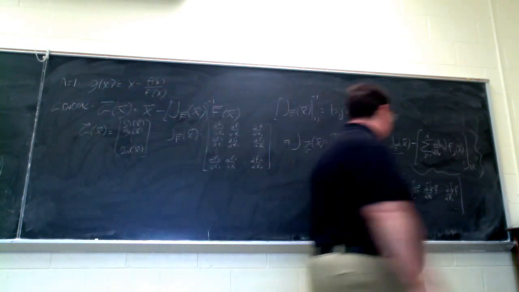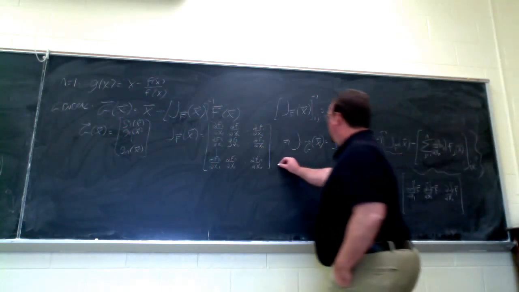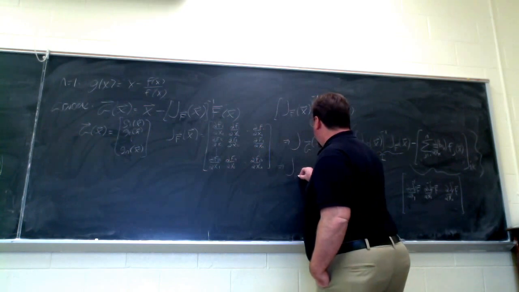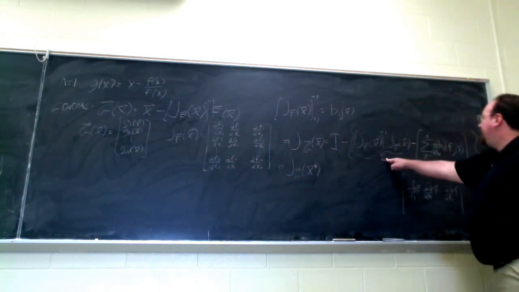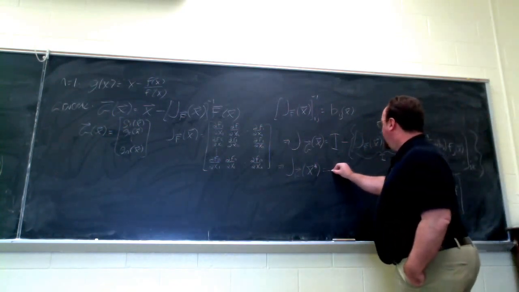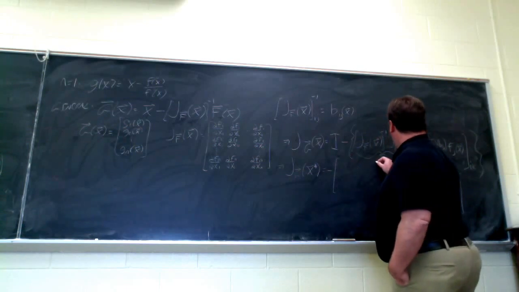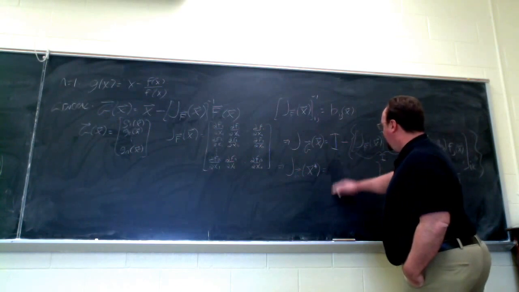And what you get is quite a monstrosity. But fortunately, for our purposes, it's going to be a lot easier to work with than you think. Because now, what we really care about is what is the Jacobian at the root. Well, these terms cancel out, so all that's left is this. So what we get is the matrix, so we have a minus out front, actually no, it becomes a plus.